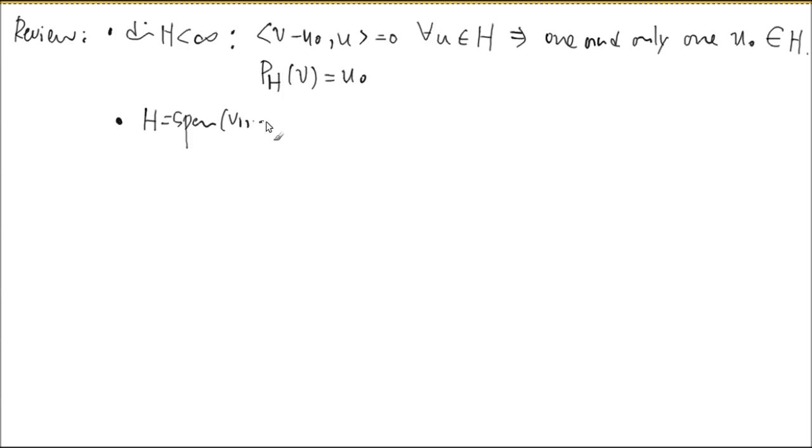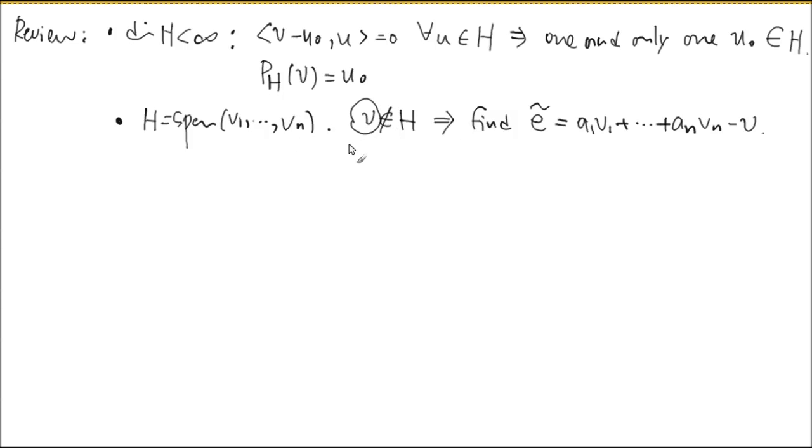Span V1 through V, let's say, is N. I hope that's right, N. And if V is not in H, then find E tilde that is in that shape, A1 V1 all the way up to AN VN, minus V, that is this vector given outside this H. Then I explained that in the homework solution or the test solution, that is supposed to be U0, right?